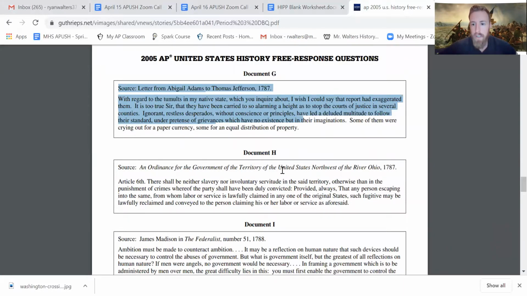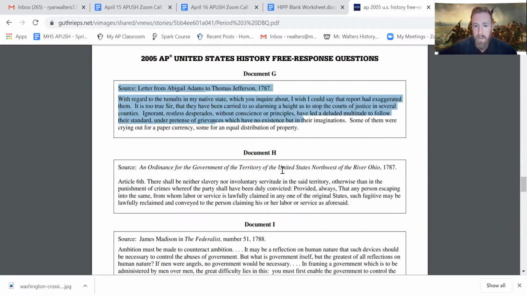She's saying she wishes the reports were exaggerated, but there's an alarming height. She mentions restless desperadoes without conscience and principles. So there's a lot of rebelliousness. There's a lot of lawlessness. There's people, but notice, what do they want? They want paper currency and equal distribution of property.